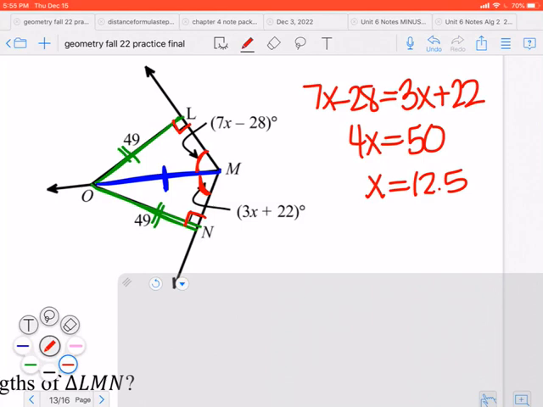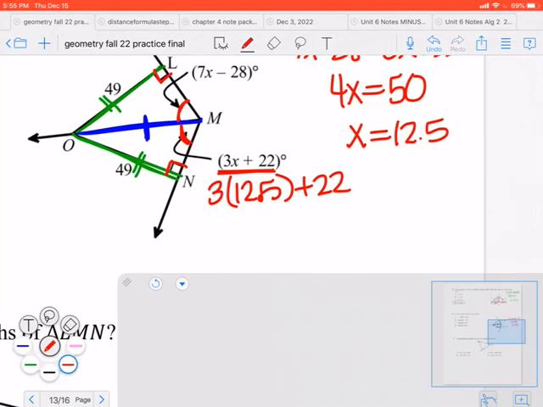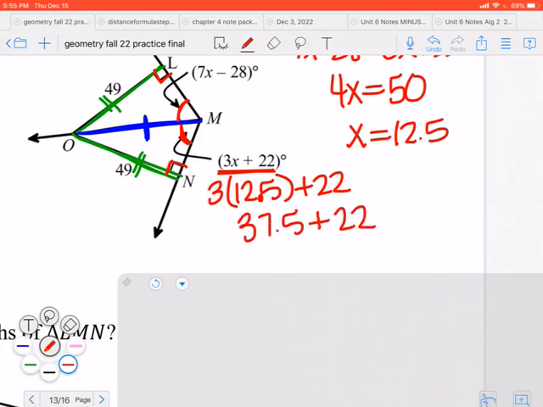So I need to plug it in so I know what the degree measure of that angle is. So 3 times 12.5 plus 22. 12.5 times 3 is 37.5, and 37.5 plus 22 is 59.5.